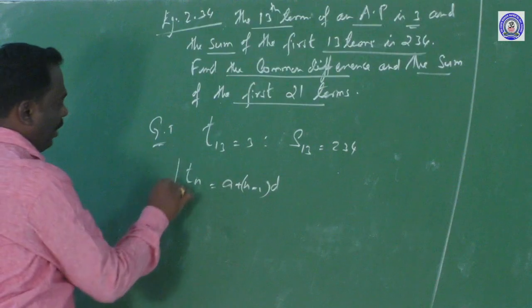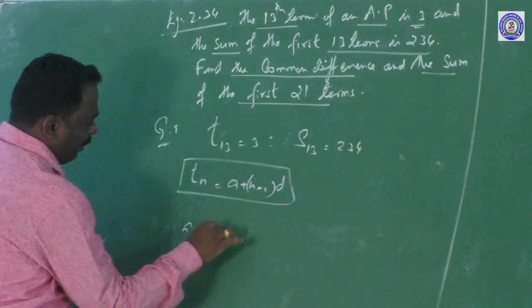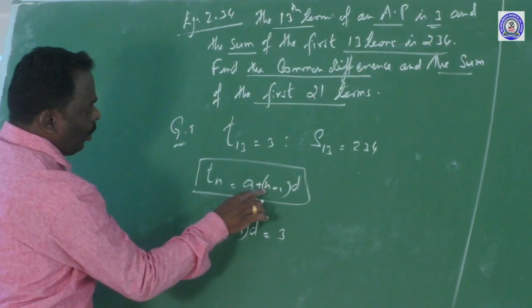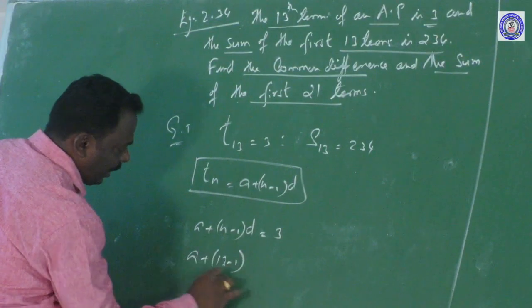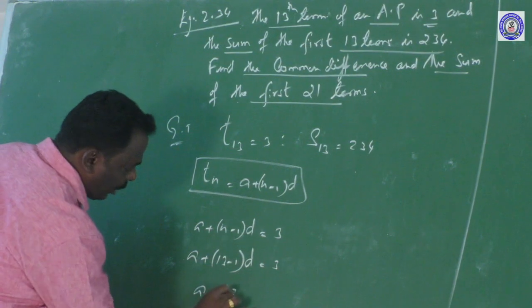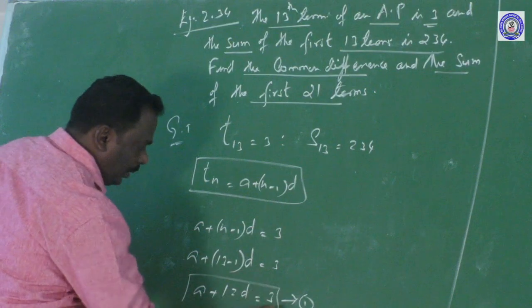Substitute n equal to 13: a plus 13 minus 1 into d is equal to 3. Then a plus 12d is equal to 3. We call this equation 1.